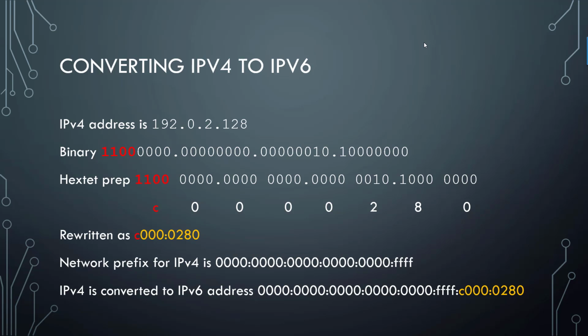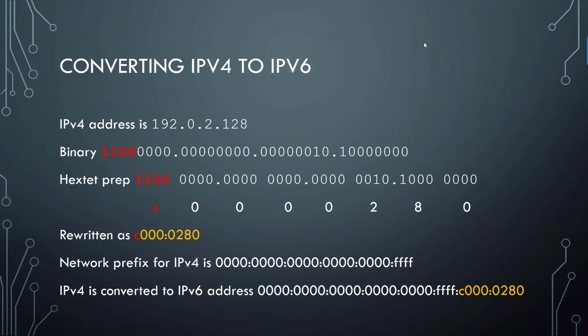So that can be very confusing to people. However, when you stop looking at the IPv4 address as numbers, and you stop looking at the IPv6 address as numbers, and you remember that they are simply representations of ones and zeros, it gets a lot easier to understand how this works.